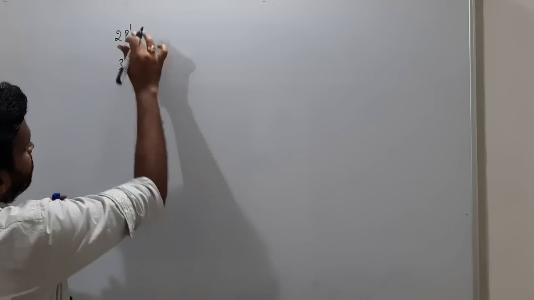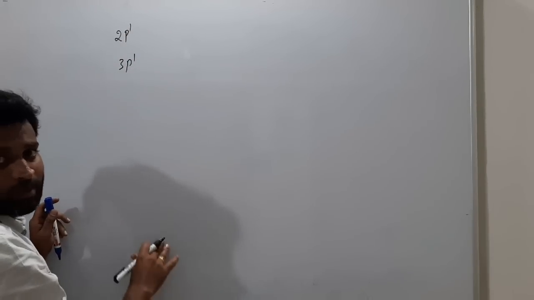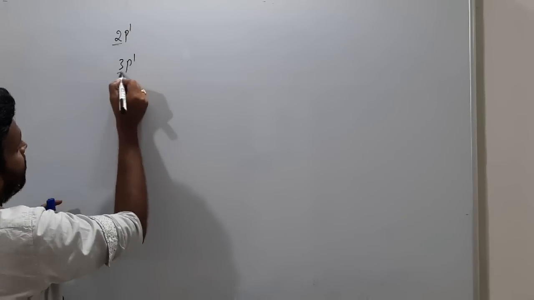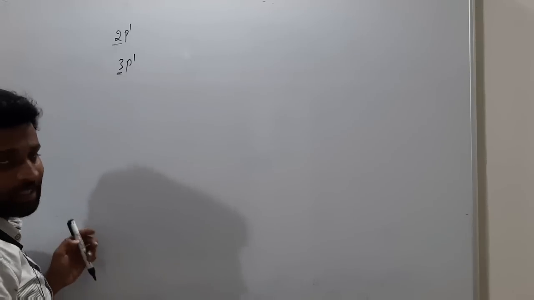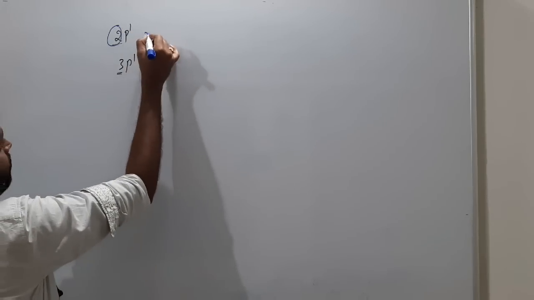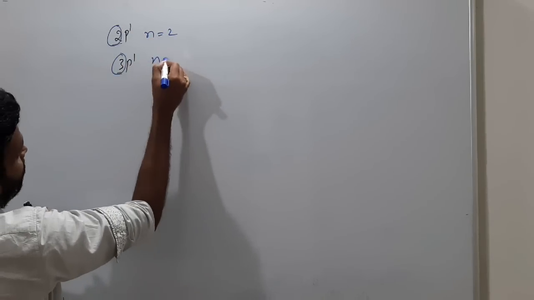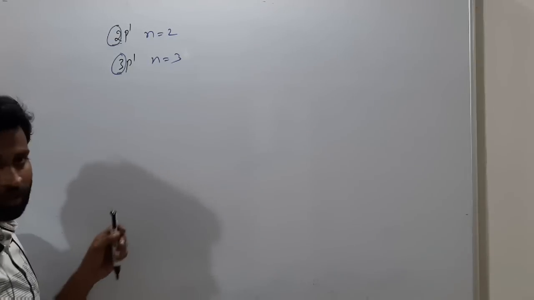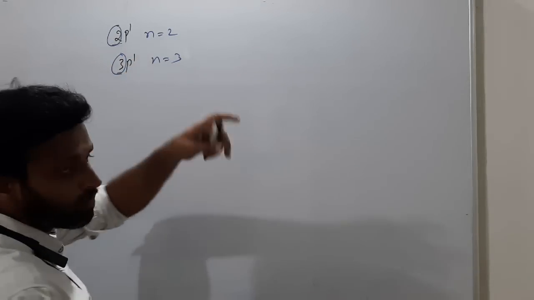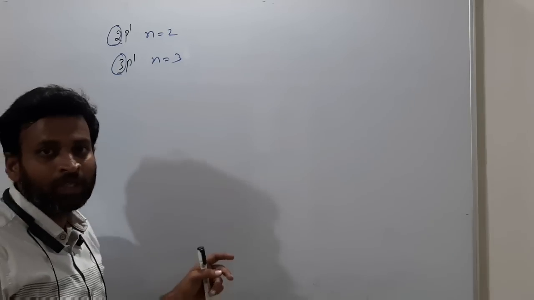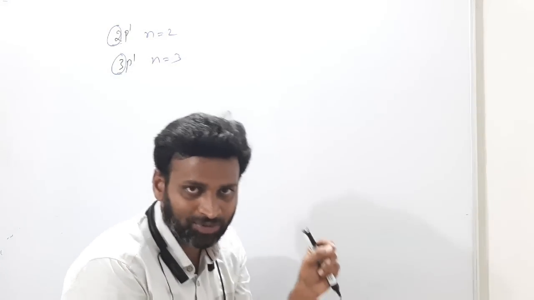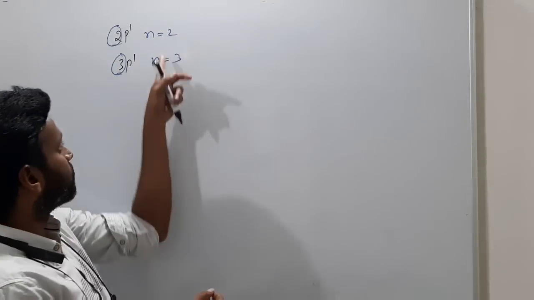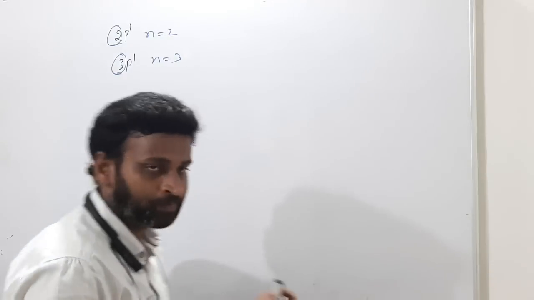Take 2p1 and 3p1, two electrons I consider. What quantum number is different? The first one only is different. Here it belongs to n value 2, here n value 3. So for both electrons, the principal quantum number is different. If two electrons belong to different shells, then the principal quantum number will be different.